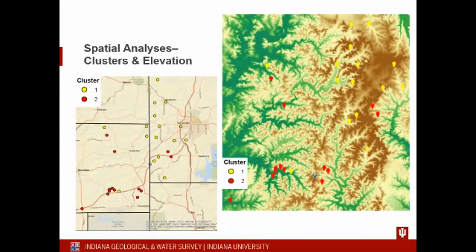I've also added this map on the left just to orient everyone to where the sites are, particularly paying attention to the counties. And one interesting thing to note are these two springs in the northern portion of Greene County. They actually fall at about the same elevation but fit different groups chemically. As you can see, they're in two different clusters.